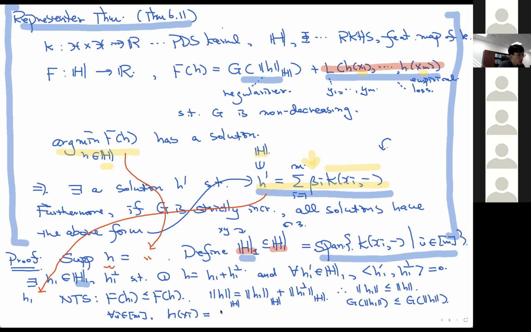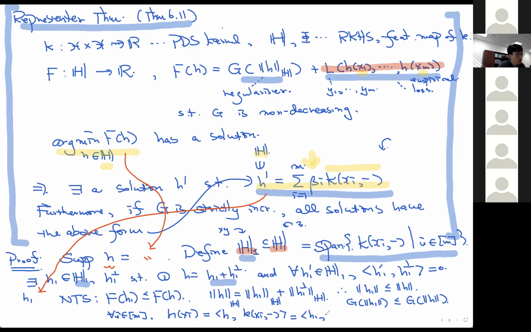And this is the same as the inner product of h and the kernel K. Now, h is the same as h1 plus h1 perp. So we plug in h1 plus h1 perp and use the linearity of the inner product.